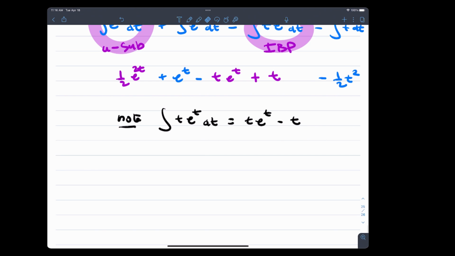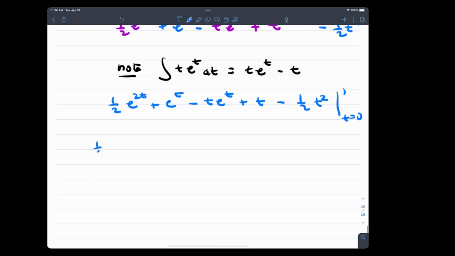So now, if we can simplify that, I don't think we can. This is 1/2 e to the 2t plus e to the t minus t e to the t plus t minus 1/2 t squared, evaluated from t is 0 to 1.